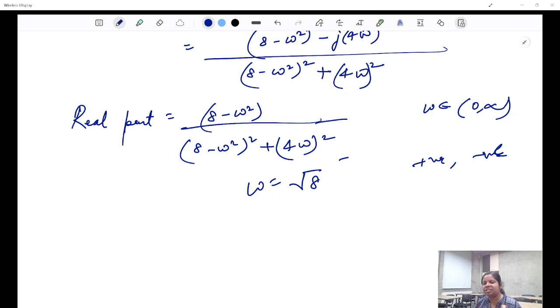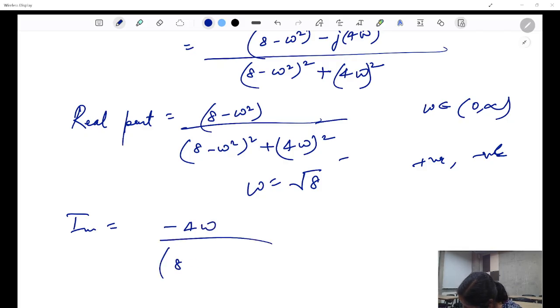But we have to get this. It could be in the third and fourth quadrant as well, so it depends on how the imaginary part behaves. So the imaginary part is minus 4 omega upon (8 minus omega square cos square plus 4 omega cos square).